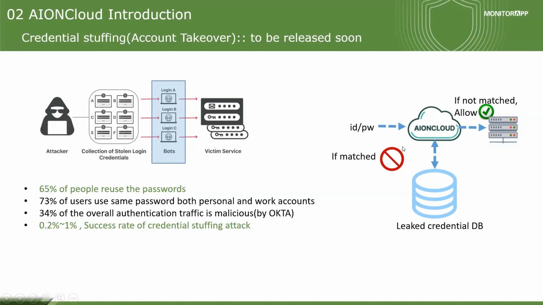If you turn on this function, we check the typed ID and password against the leaked credential database. If the information is not matched, then we allow it and transfer the traffic to the origin web server. But if the typed ID and password match the credential DB, then we can apply the policy to alert or block the request. So if you have concern about credential stuffing, then Ion Cloud will be a good solution.